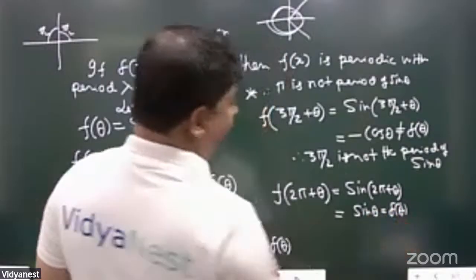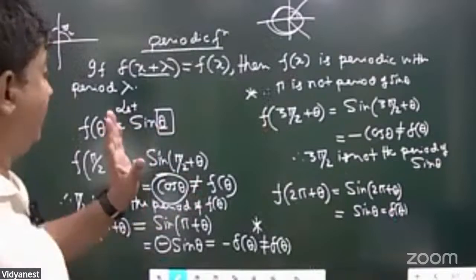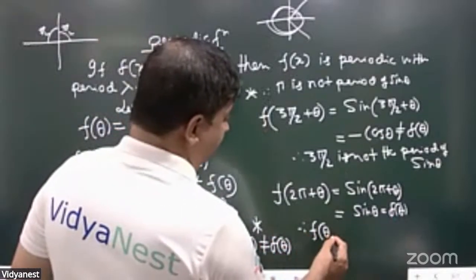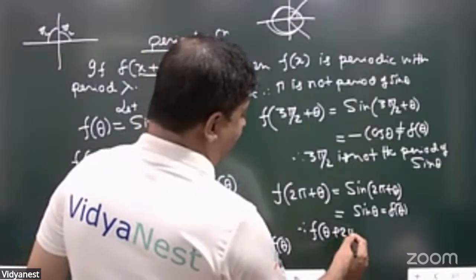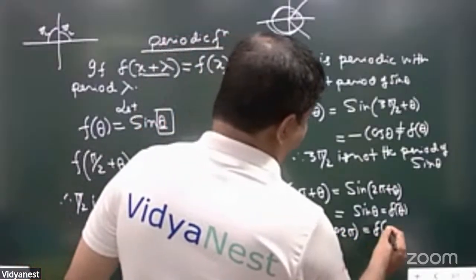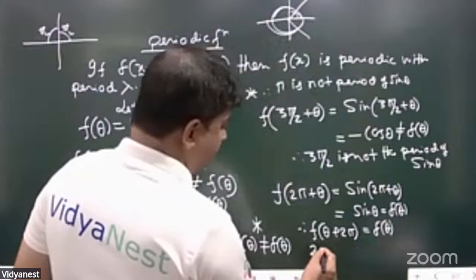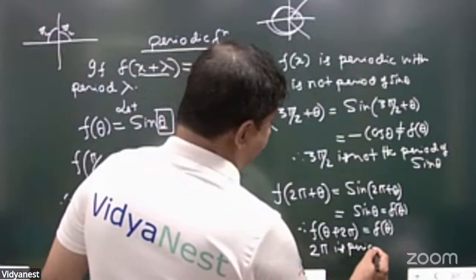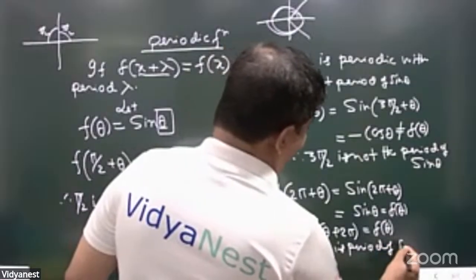So f(theta plus 2 pi) is f(theta) only. So 2 pi is the period of sine theta.